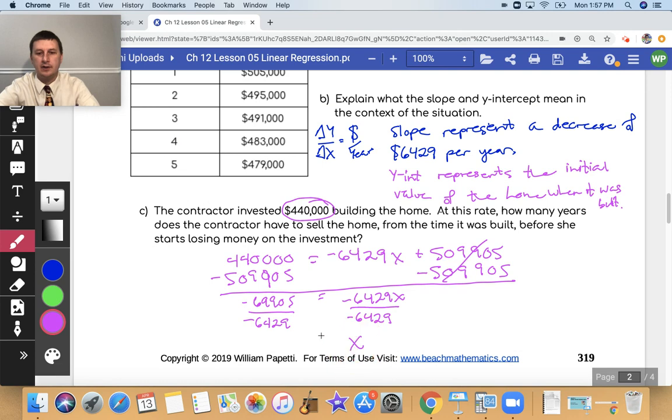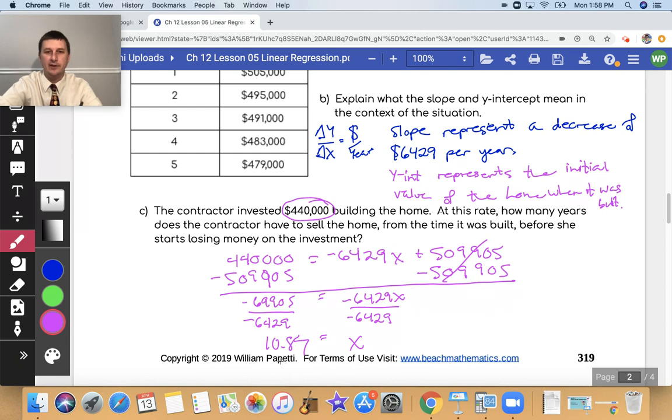So x is going to be about 10.87 years. So how many years does the contractor have to sell the home from the time it was built before she starts losing money? So be careful, because at 10 years, she's still above the value of the home; at 10 years, it's not going to be below 440,000.